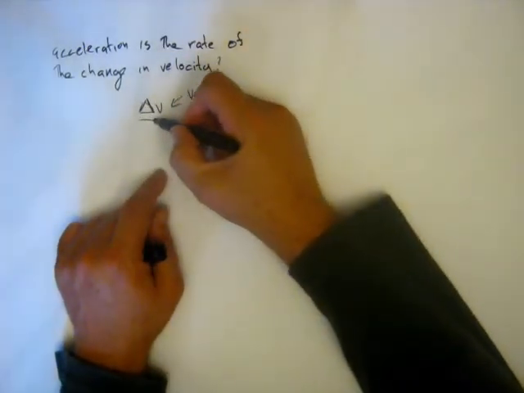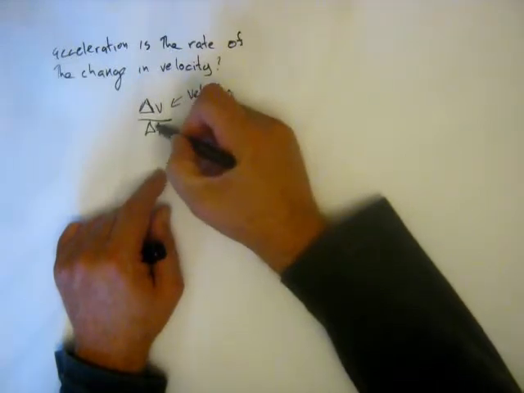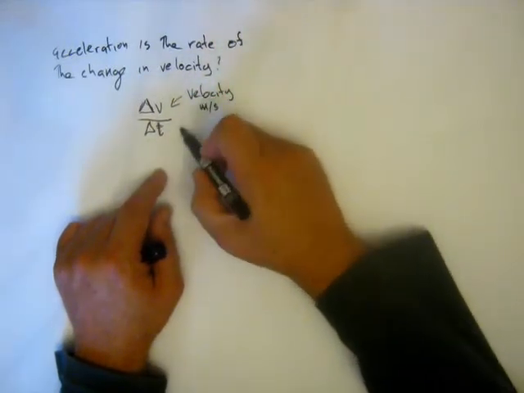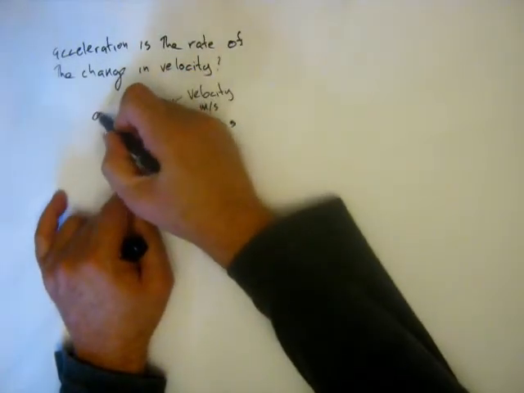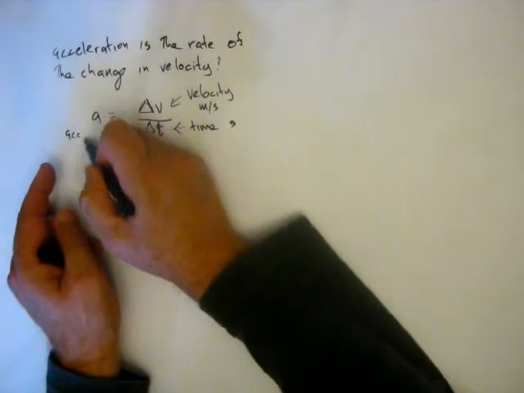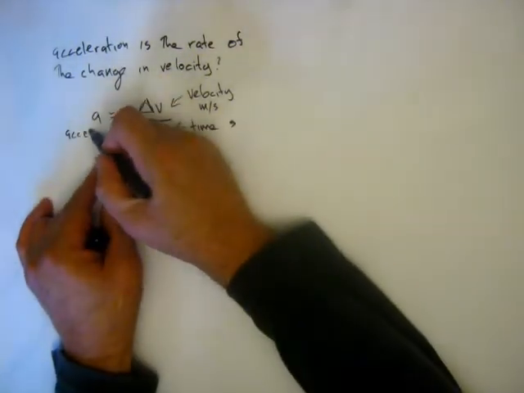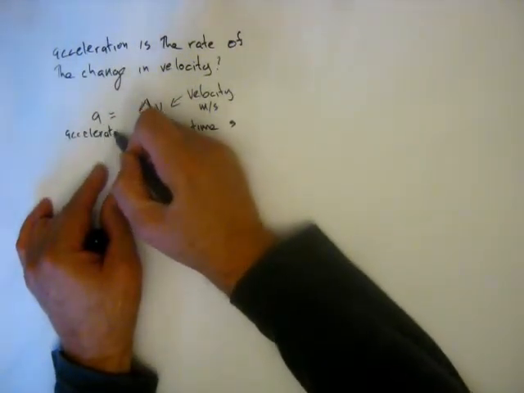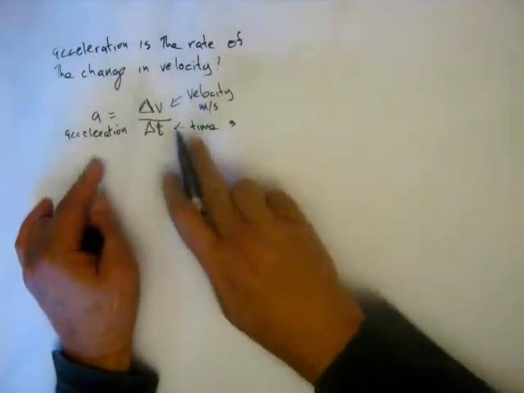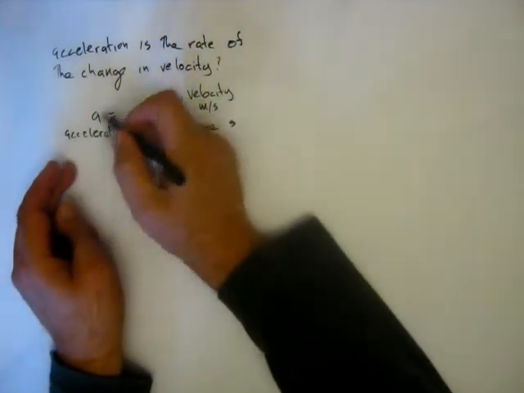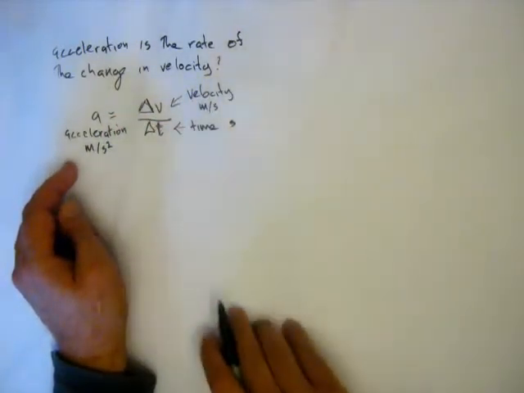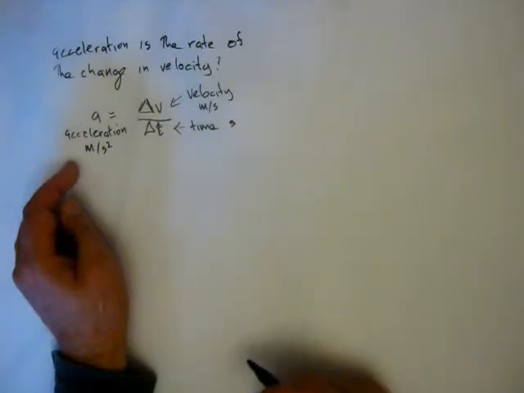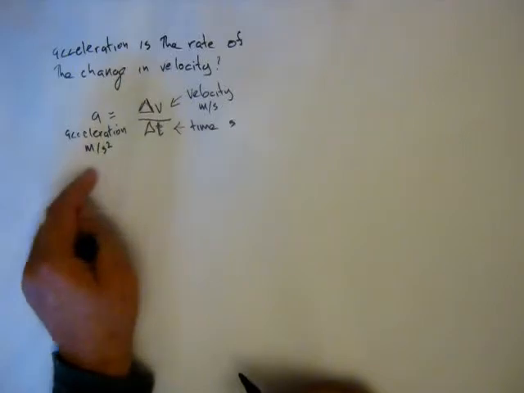And that is going to be change in time, measured in seconds. So acceleration is equal to the change in velocity, how fast you speed up, divided by how long it takes to speed up. And that's going to be measured in meters per second, divided by seconds, so meters per second, or meters per second squared.